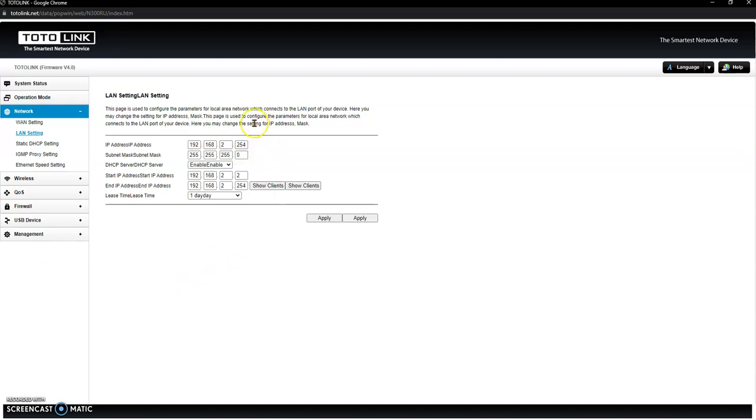So should you look for the Totolink's IP address, this Totolink's IP address is 192.168.2.254, right.